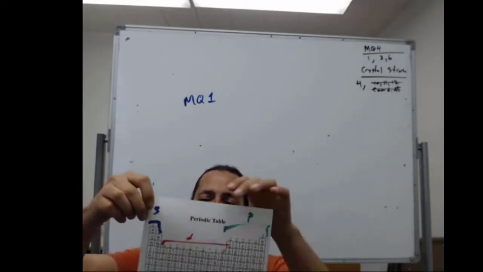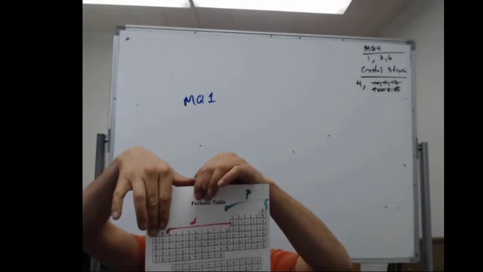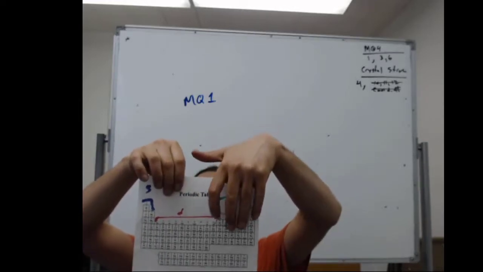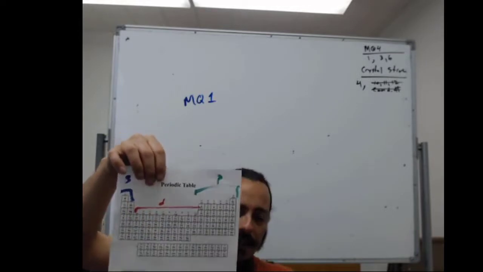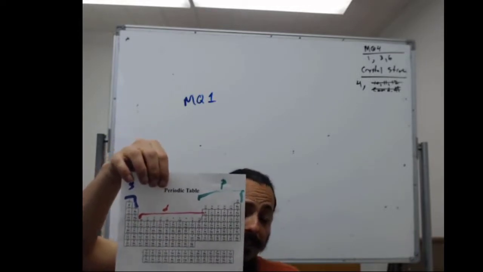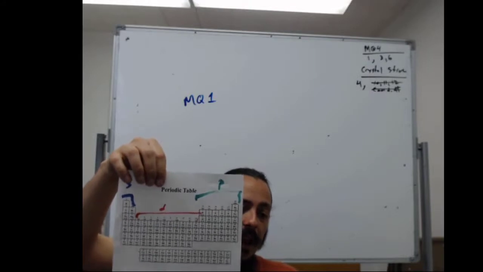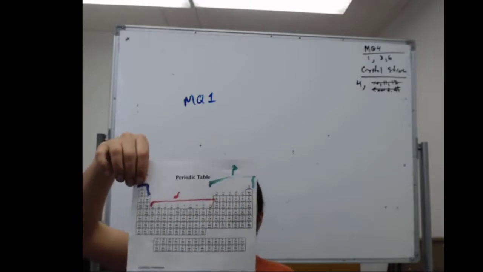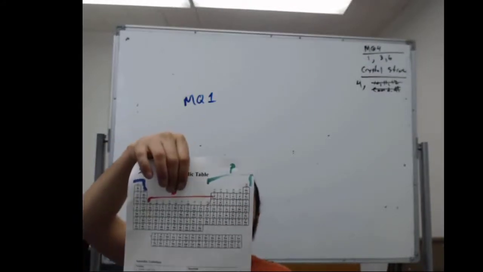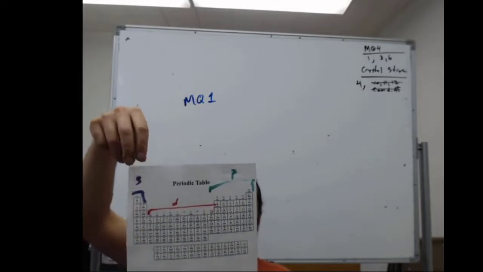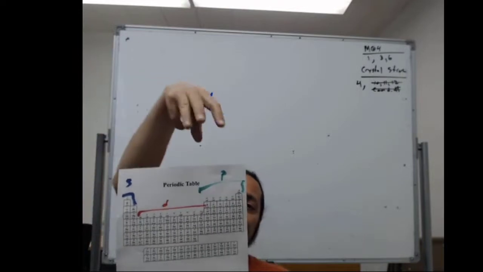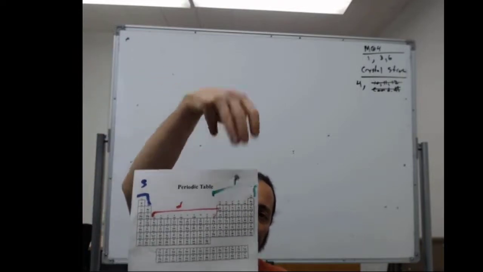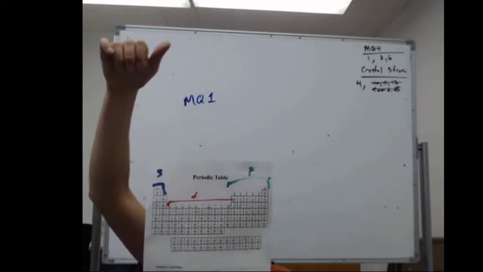If you've ever wondered why you've got this narrow 2 column and then this broader 6 column and then this wide 10 column in the middle, that's because of quantum mechanics. That's because of the subshells, the S subshell, the P subshell, and the D subshell. The S subshell has space for 2 electrons, so it ends up being 2 wide. The P subshell is 6 electrons, so it's 6 wide, and the D subshell is 10 electrons, so it's 10 wide.